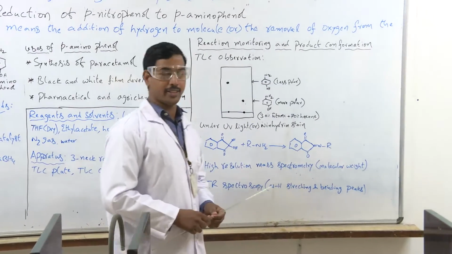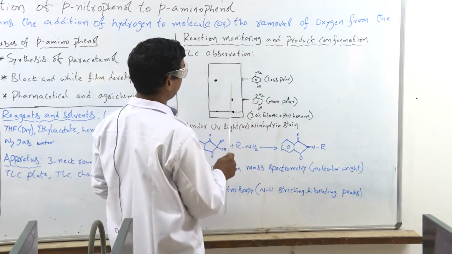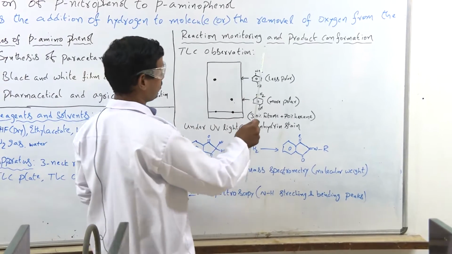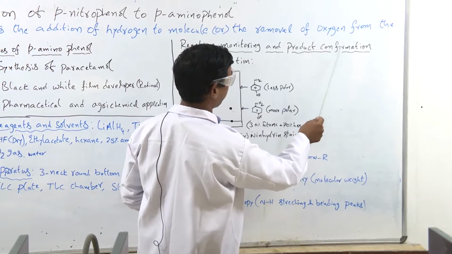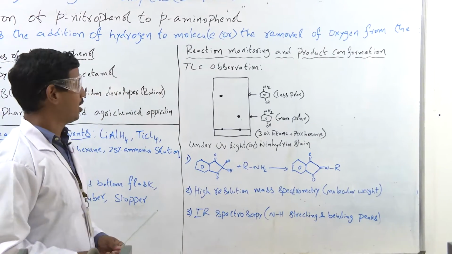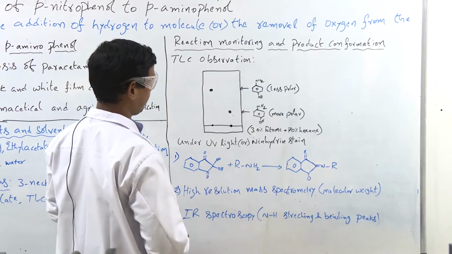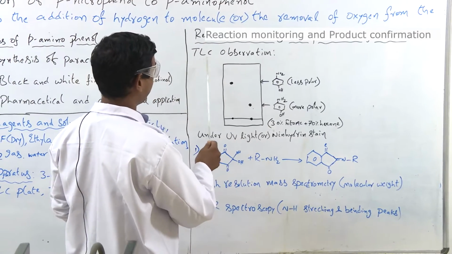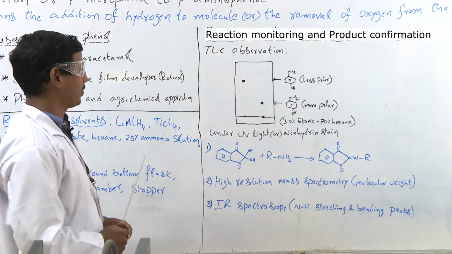After completing this reaction, we should monitor whether the reaction is completed and whether the product is formed. How will we do that? After completing the reaction, we should check the TLC. TLC is thin layer chromatography.